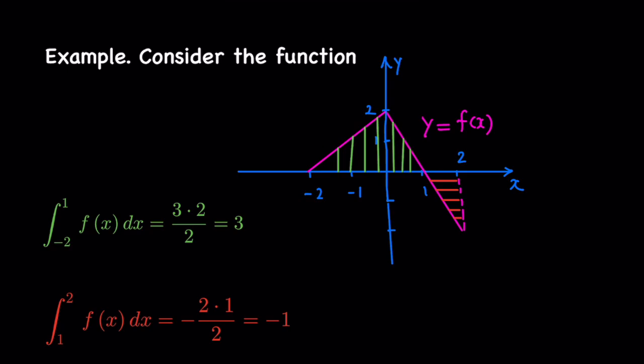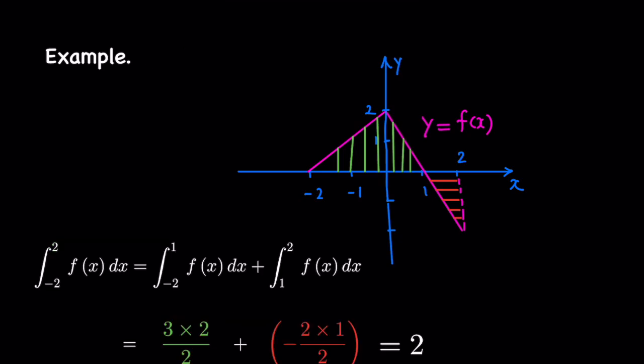But since this region lies below the x-axis, it's going to have a negative area. That's why I'm putting the minus sign here, because it lies under the x-axis. If you simplify this, you get -1. So the definite integral of this function between 1 and 2, and this is the notation that is used, is just equal to -1. Let's look at another example.